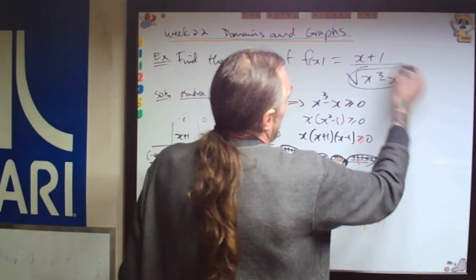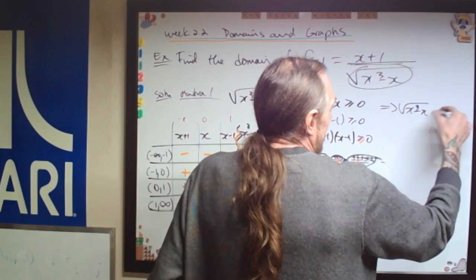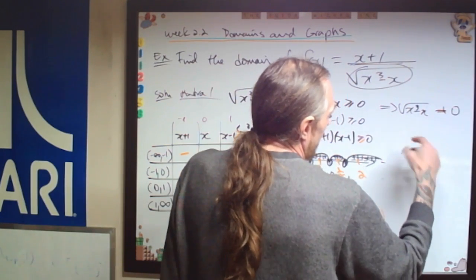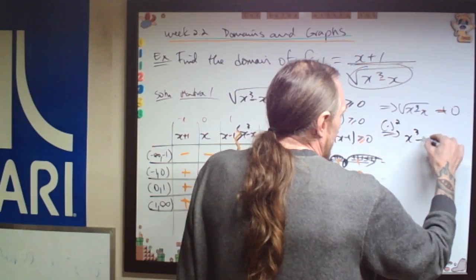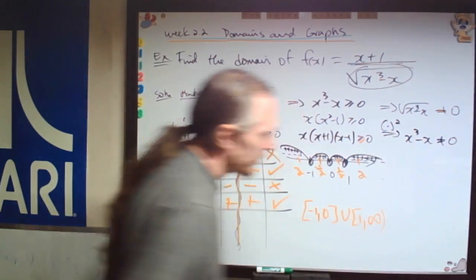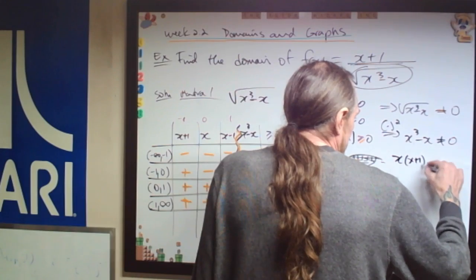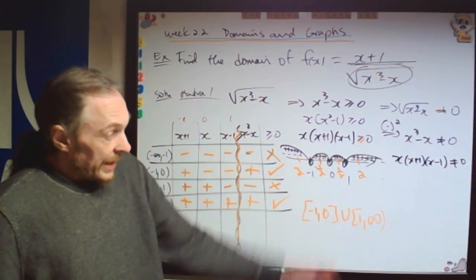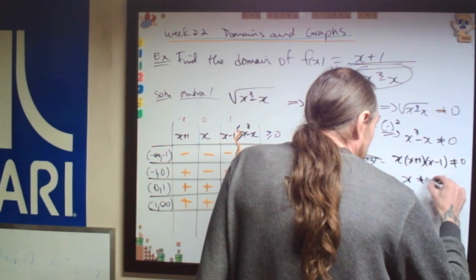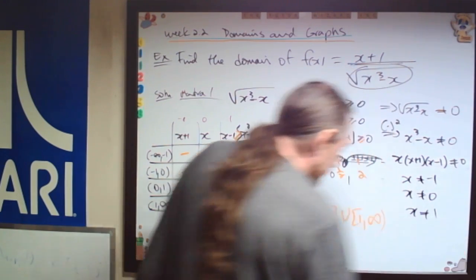this tells me the division now tells me that x cubed minus x can't be 0. Square both sides. It tells me x cubed minus x can't equal 0, because 0 squared is still 0. I factor it the same way I did for the other expression. That means those factors can't equal 0, so x can't equal -1, x can't equal 0, and x can't equal 1.